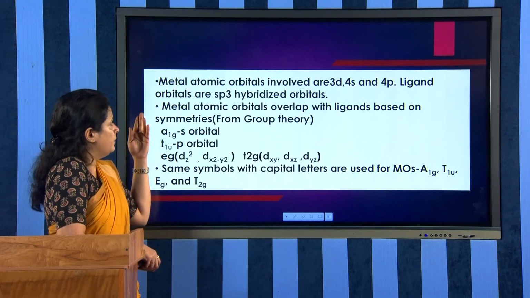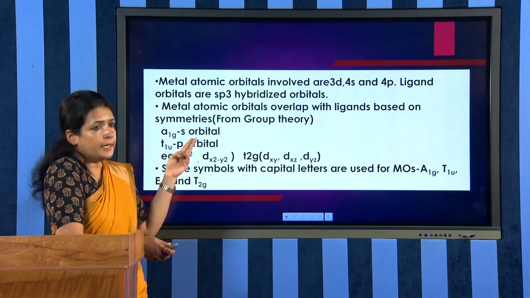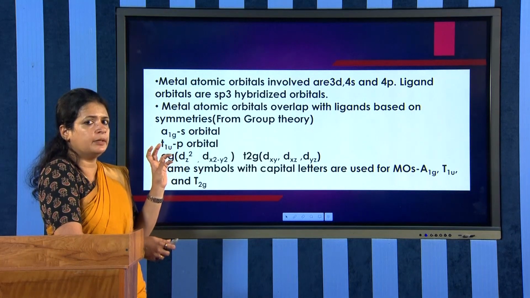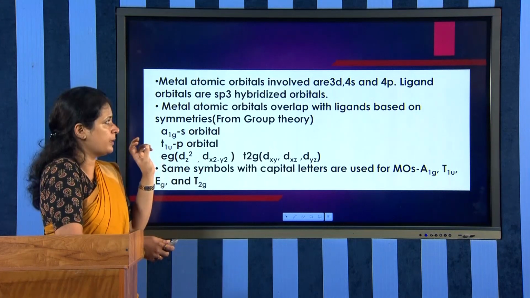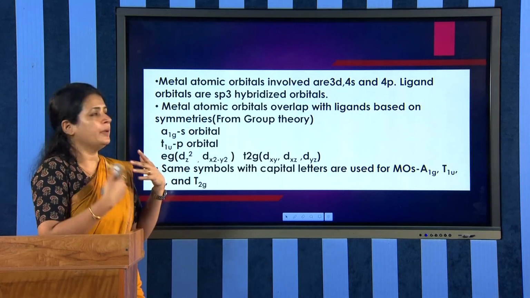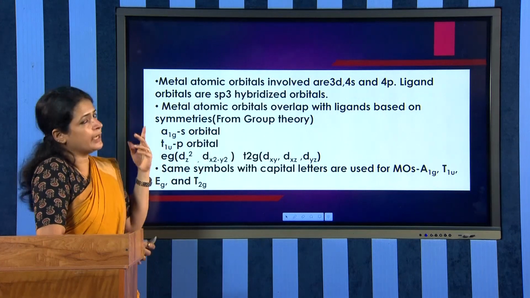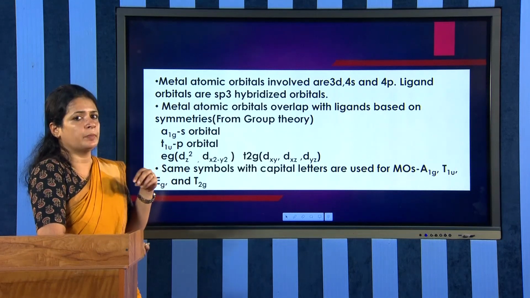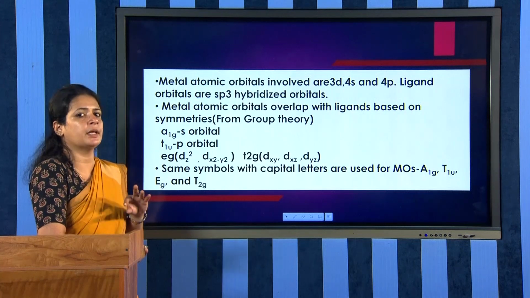The metal atomic orbitals involved in the combinations are 3d, 4s and 4p. 3d means the d orbitals, 4s the s orbital and 4p the p orbitals. So, 3d, 4s and 4p are involved in the combination if we are discussing metal orbitals. And the ligand orbitals, the LGOs, are sp3 hybridized orbitals, that is one s orbital and 3 p orbitals combined to form sp3 hybridized orbitals.